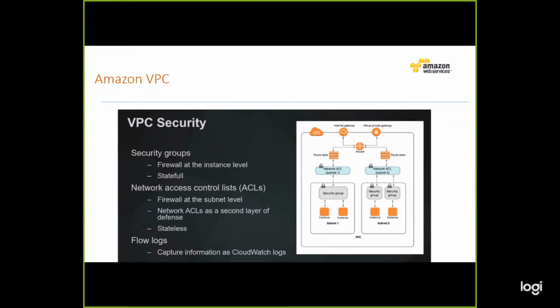Finally, we've got the flow logs. They will capture the information of the requests going in and out of your VPC, and then that will be forwarded to CloudWatch logs, which will record it, and you can use it for alerting, for analysis, or for integration.